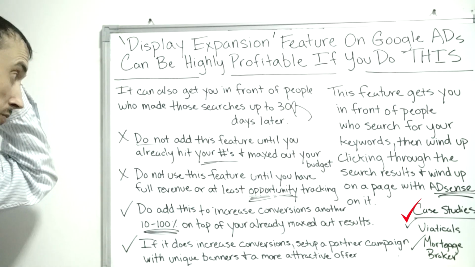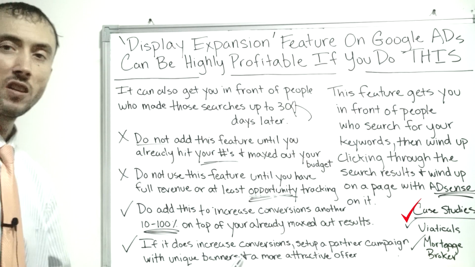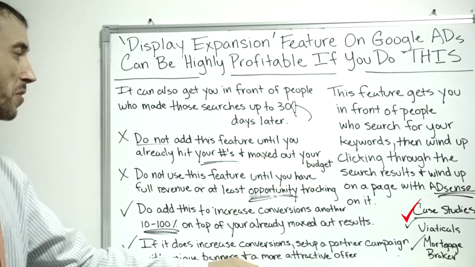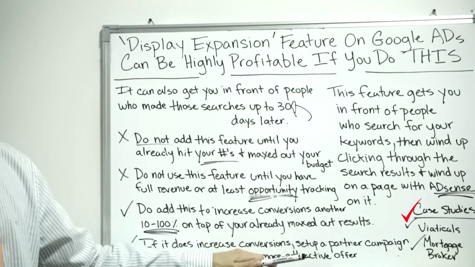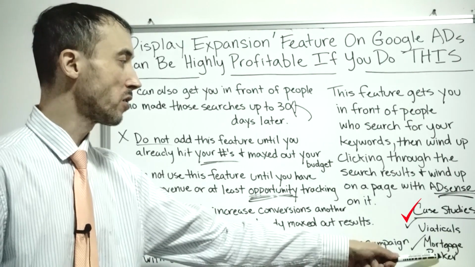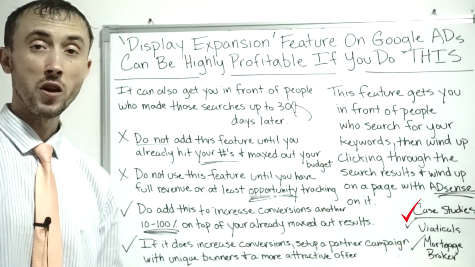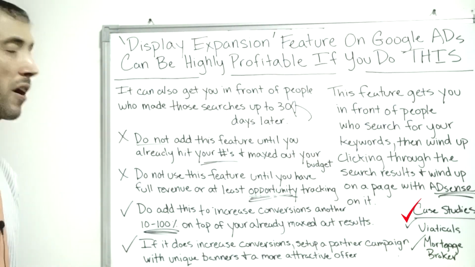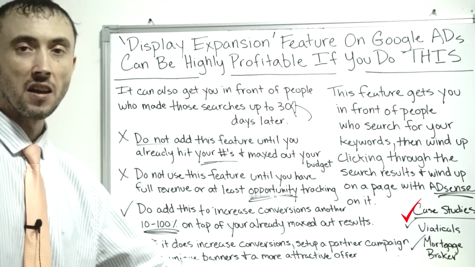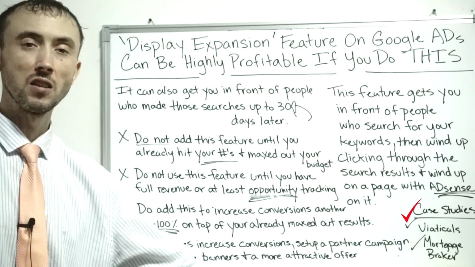So anyway, consider, if this does pan out for you, set up a separate display campaign that does the same thing, because it should take things a little bit further. We also did this, by the way, for a mortgage broker, to give you the second case study where display expansion worked, and then we even went further and added a separate display campaign to take this further.